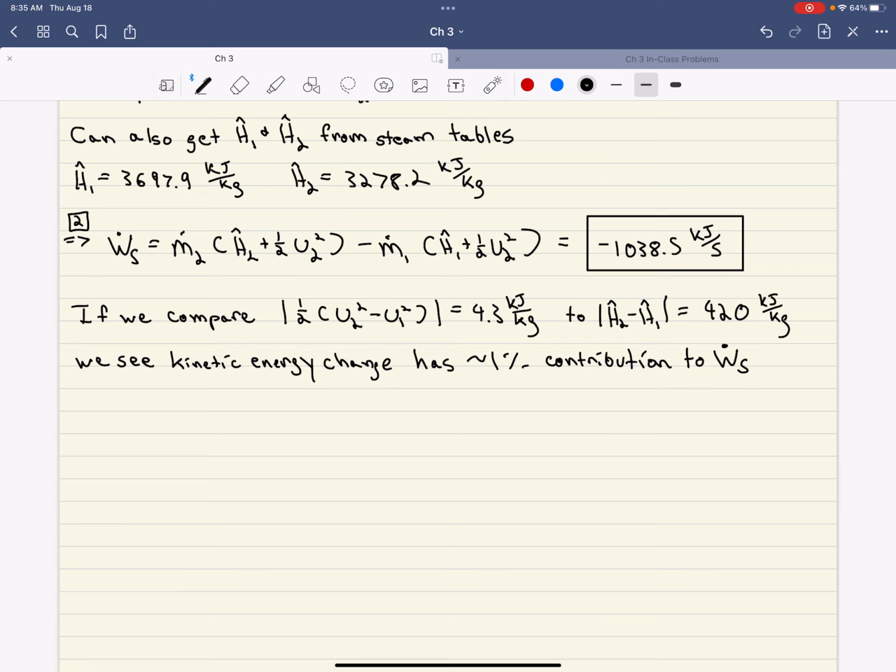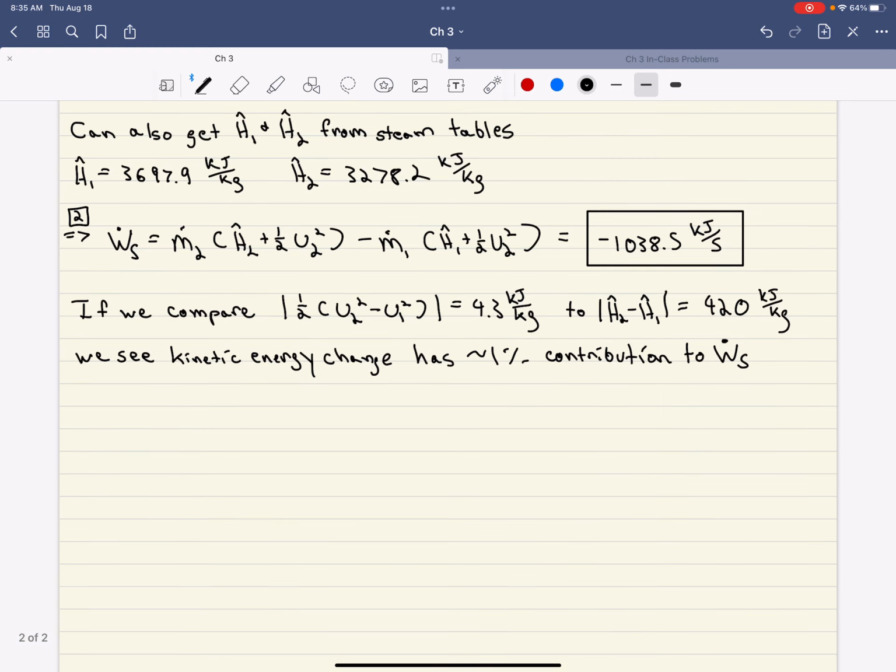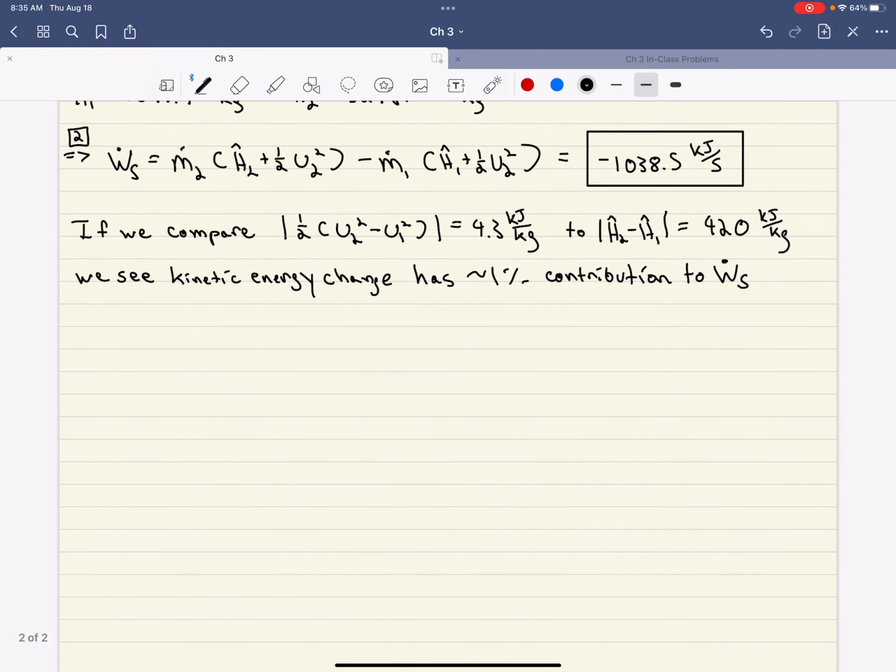All right? And so that's sort of what we see in thermal problems. And in fact, depending on the problem statement, there are some cases where you do want to solve for a velocity.